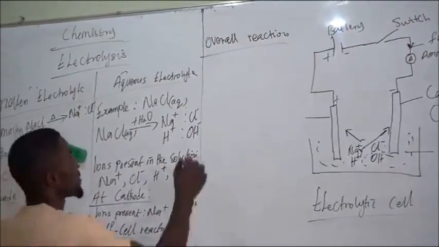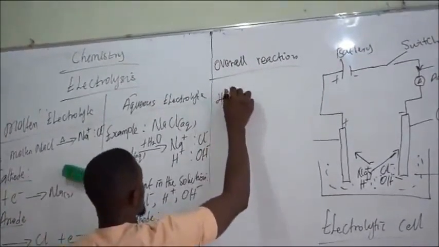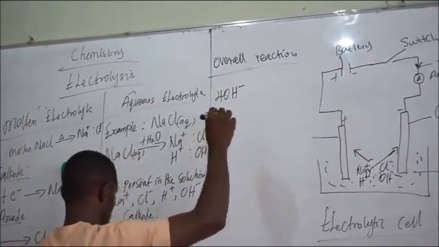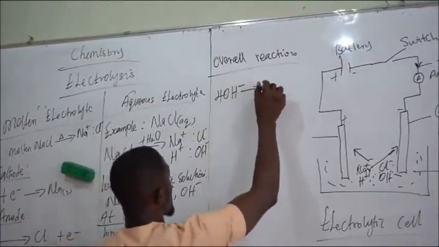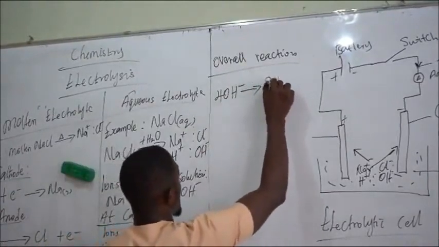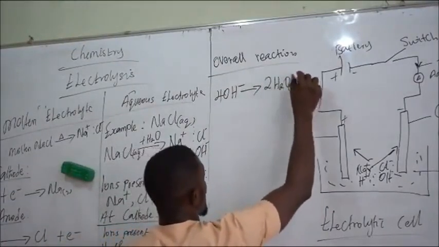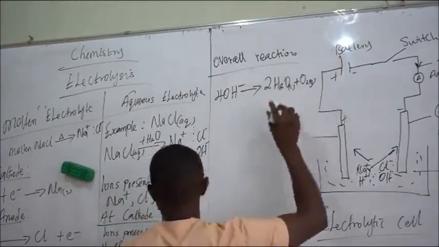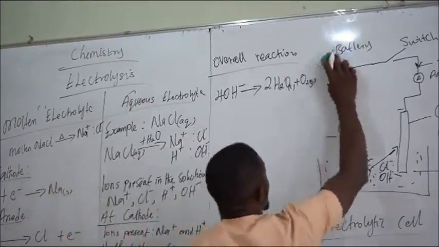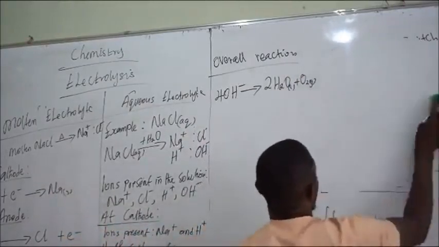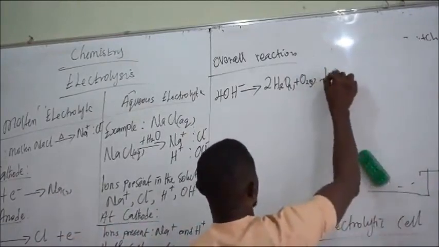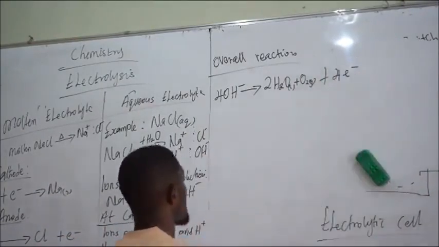So what happens is that we have 4 molecules of hydroxyl ion that produce 2 molecules of water plus oxygen gas, then plus 4 electrons.